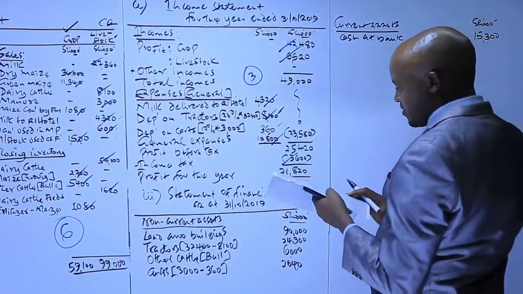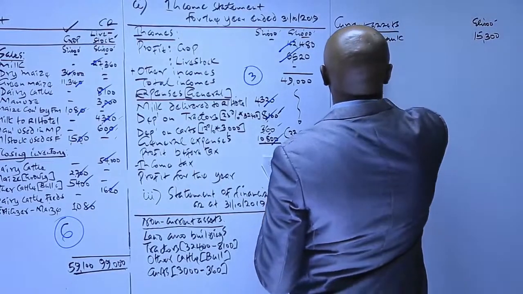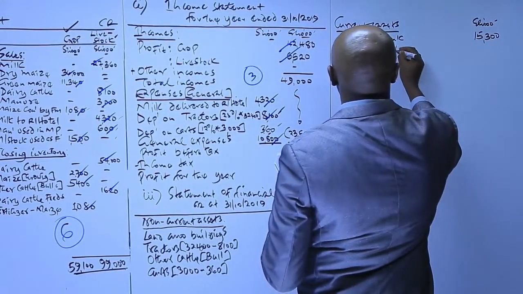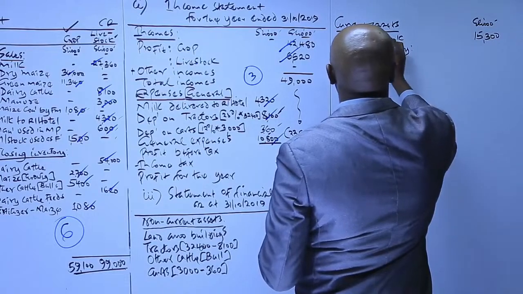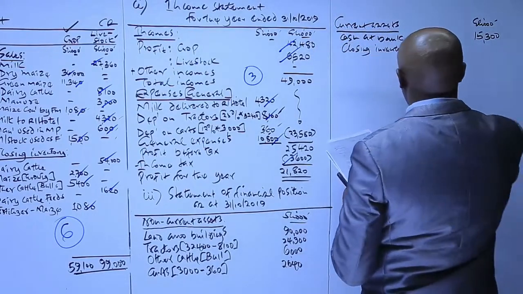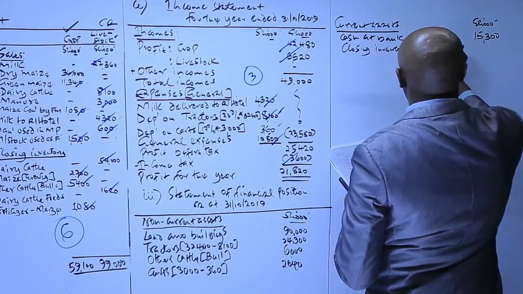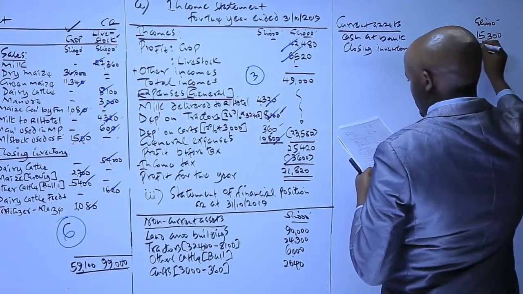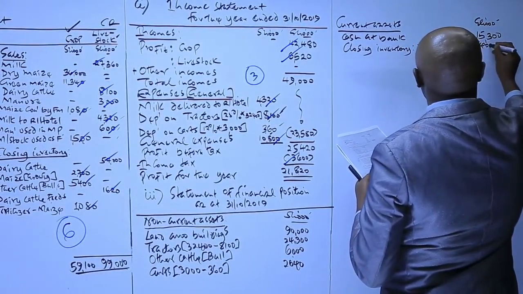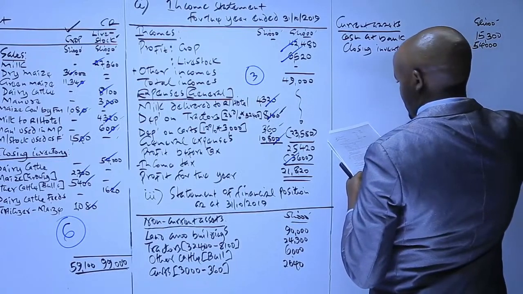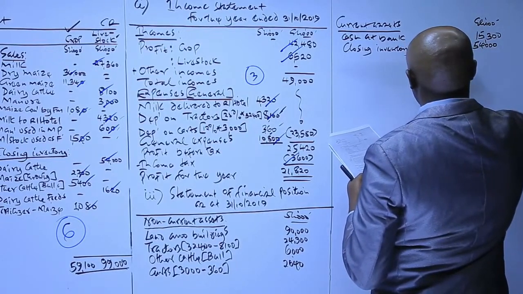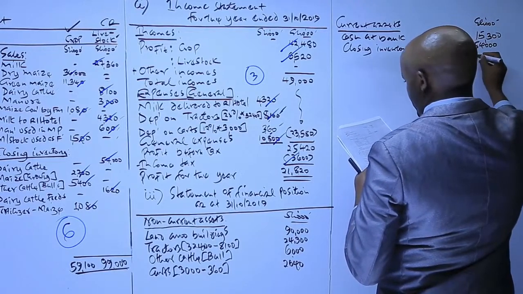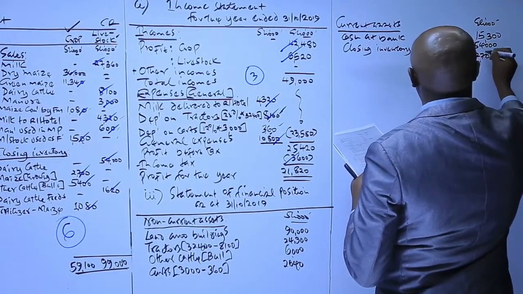But now in the additional information number 1, we have the closing inventory. We have various items of closing inventory which include dairy cattle, having a value of 54,000. We then have growing maize having a value of 27,000.